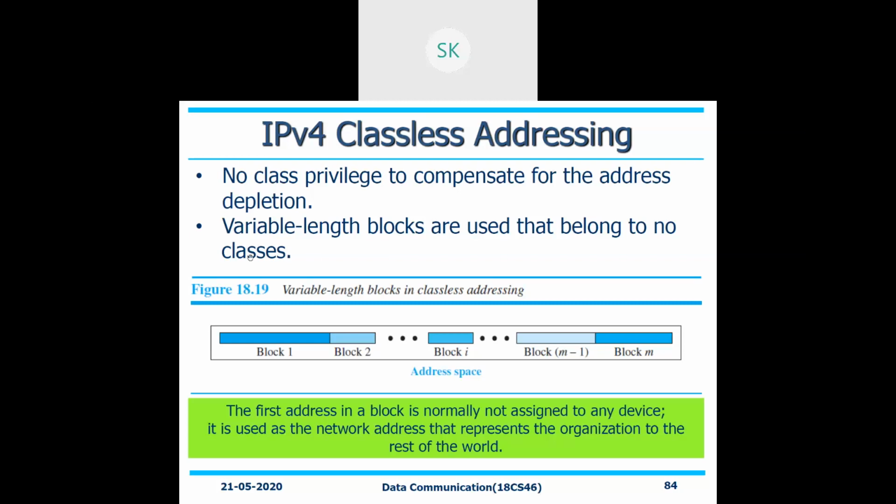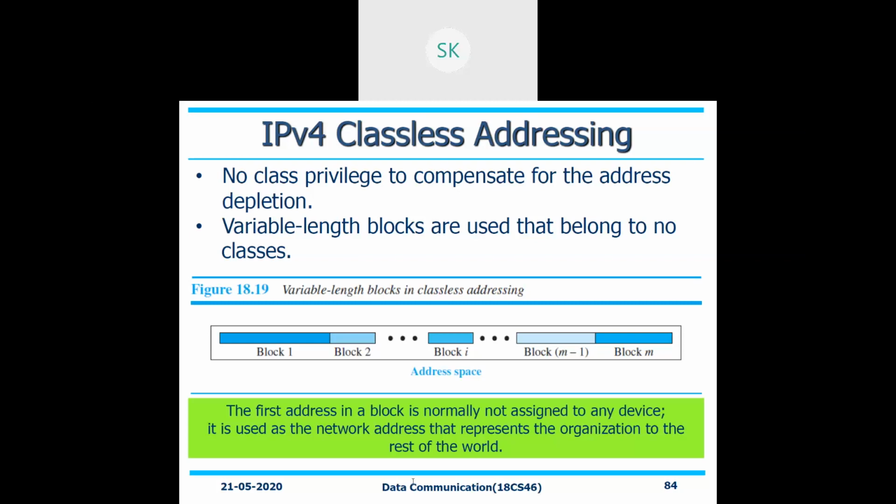The first address in a block is normally not assigned to any device. It is used for network addressing. That is common, as we have seen with our classful addressing also. The first one will be reserved for your network address that represents the organization to the rest of the world. Say for example, 192.168.3.3 is the IP address that has been given for our system. 192 represents that this is an educational institute, in India.